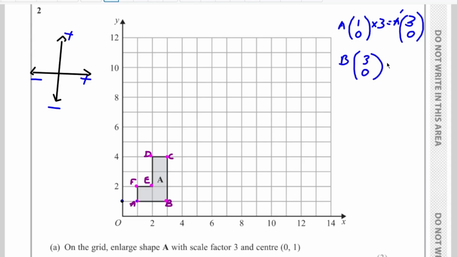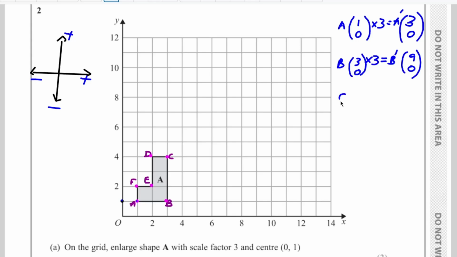And this one should also be multiplied by 3. Then B prime, which is the image, would be 3 into 3, 9, and 9, 0.